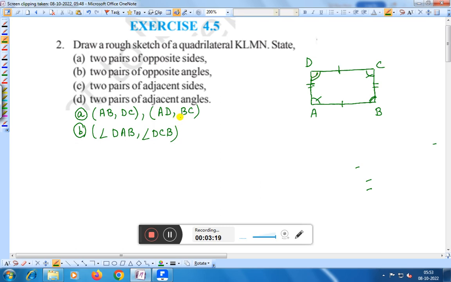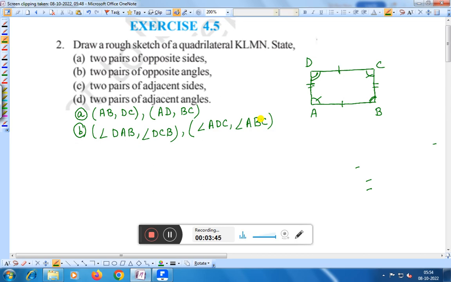Therefore, you can say in another way, another pair of angles. Angle D means angle ADC. And angle B means angle ABC, right? These are the two pairs of opposite angles.